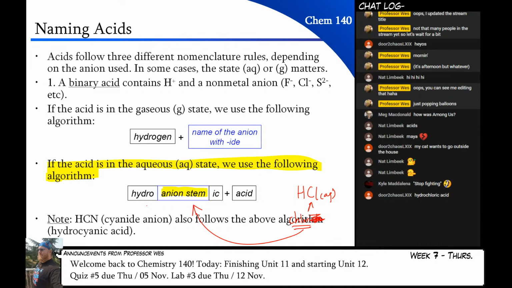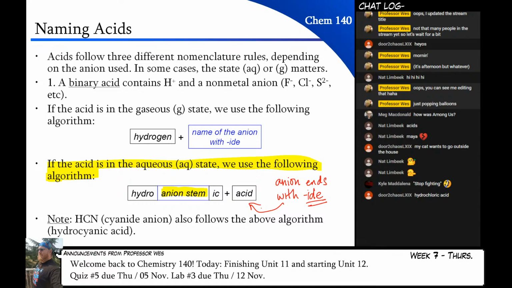Now, there's actually one other ion that follows this, it's HCN. So a better way to do this naming scheme, instead of calling them binary acids, is to think of all of these as acids that have an anion that ends with ide. If your anion ends with ide, it follows this rule on the screen.